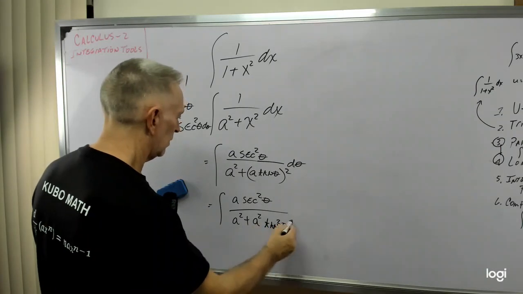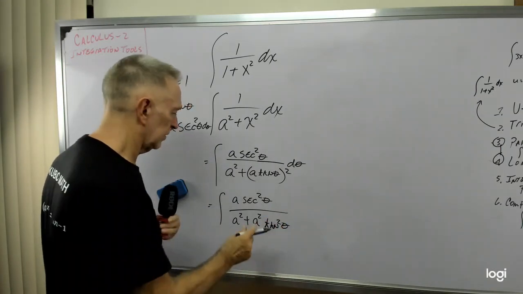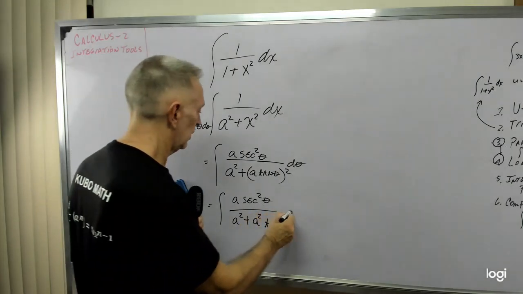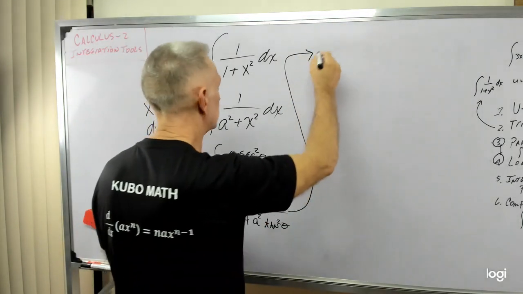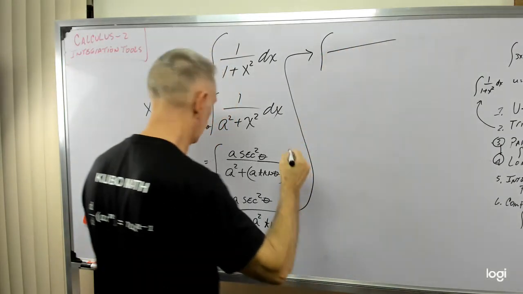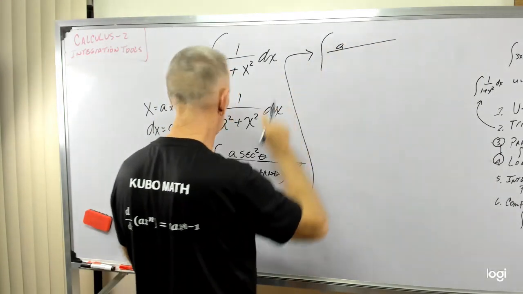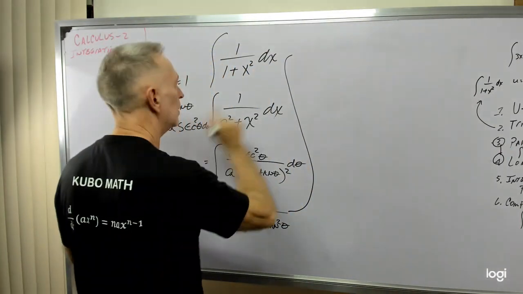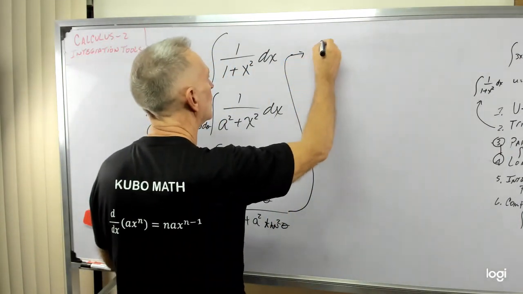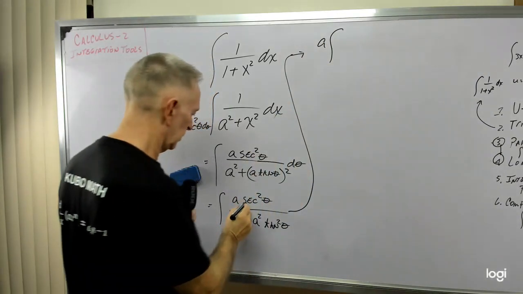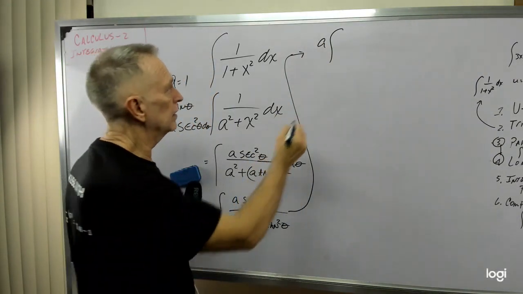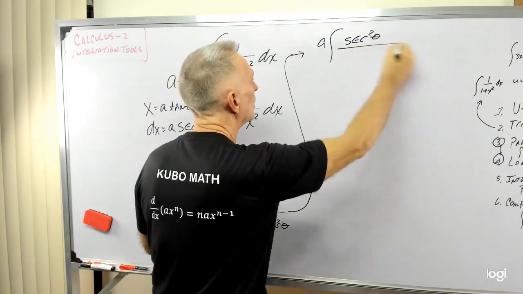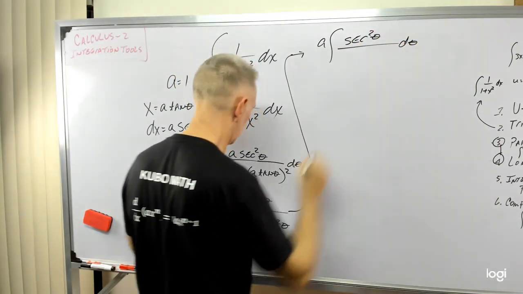Okay, so what do we got here? We've got terms we could factor in this denominator. So let's see, we have the integral of a, I'm going to pull that a to the outside also. A times the integral of secant squared theta, integrating with respect to theta.